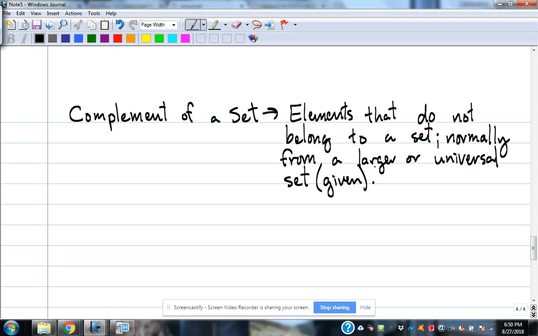A complement of a set are pieces or elements that do not belong to a set. That's normally from a larger or a universal set. So the complement of a set is something that's not in the particular set we're talking about.